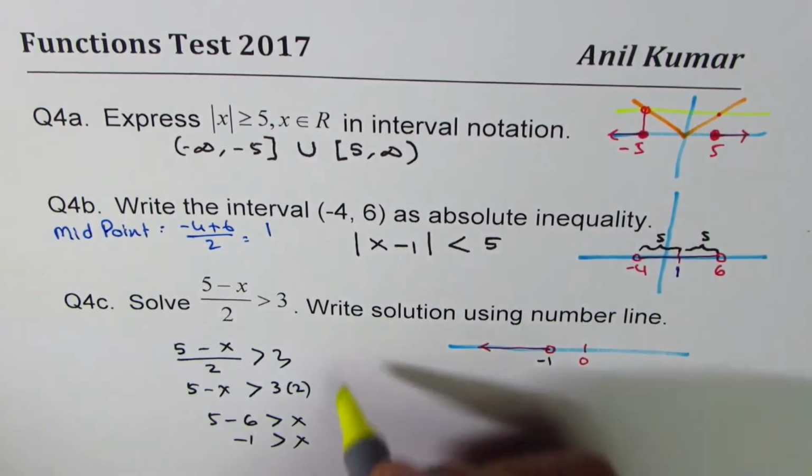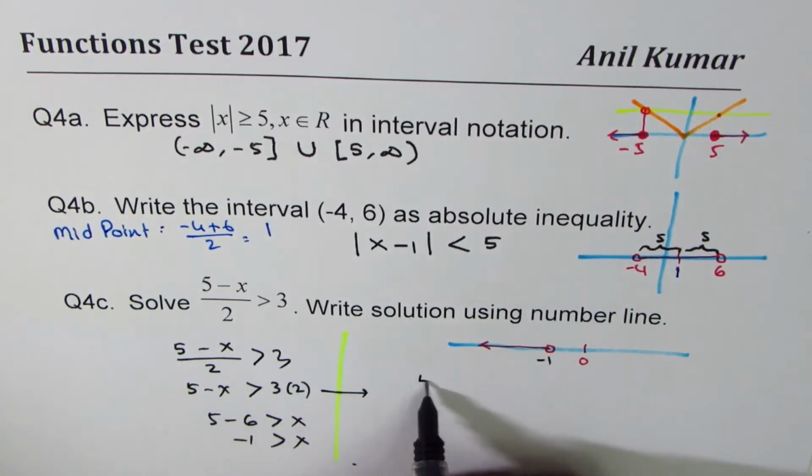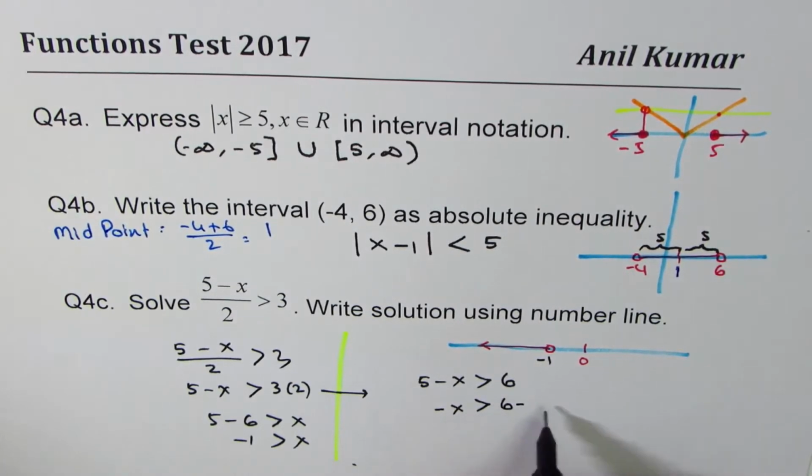Now, let me give you a word of caution here. When you're solving this equation, let me redo from here onwards. We have 5 minus x is greater than 3 times 2, which is 6. We could take 5 on this side. Then we get minus x is greater than 6 minus 5, or minus x is greater than 1. Now when you multiply by minus 1 on both sides, this sign also changes.